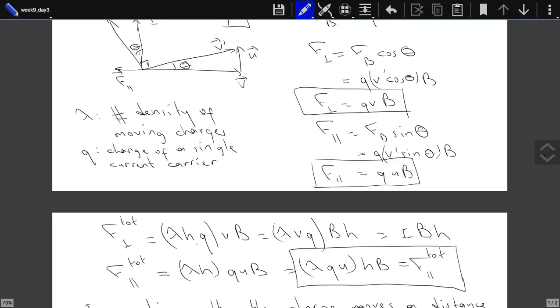And we multiplied lambda H by Q v B or Q u B, where Q v B is the vertical component of the force acting on a single one. Q u B is the horizontal component of the force acting on a single one. But the wire has many of them. So if you want to calculate the total force acting on the wire, not a single charge, I just multiply the force acting on a single charge by the number of charges in the wire. So this is the total.